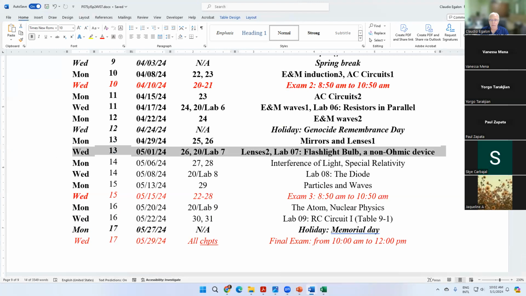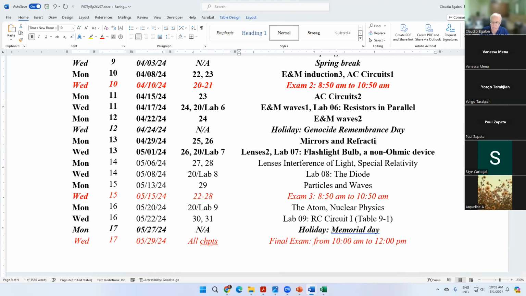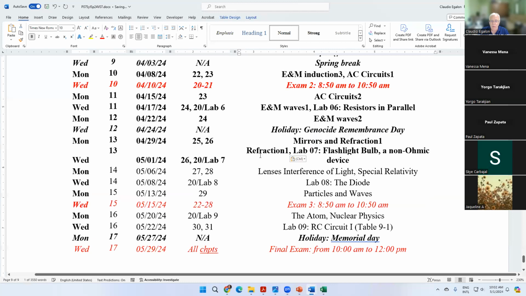And we are doing lenses too, right? We will continue with refraction next, lenses 3. It would be better to call it refraction 1. That's the first meeting on refraction, second meeting on refraction. Someone is trying to come in.